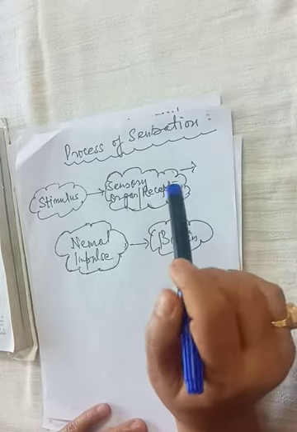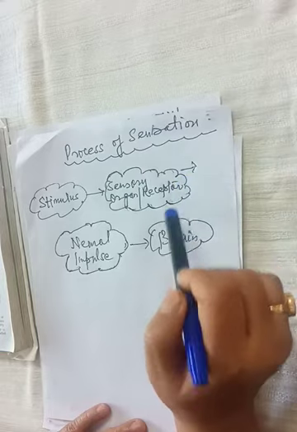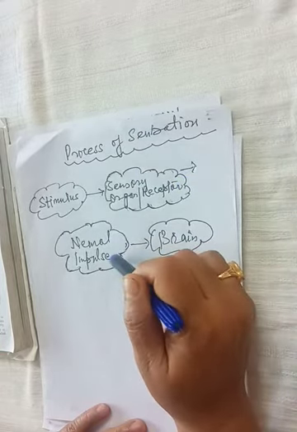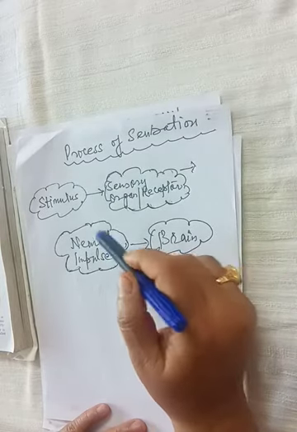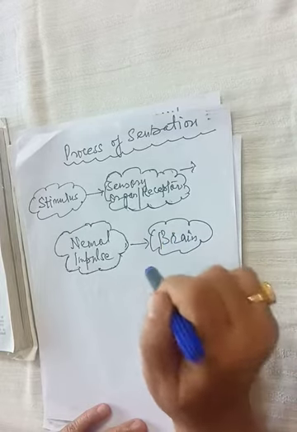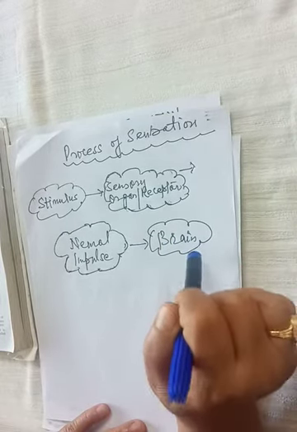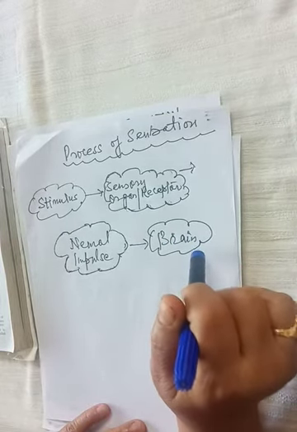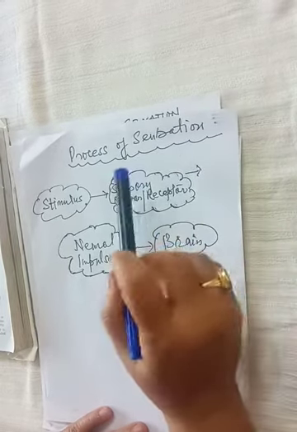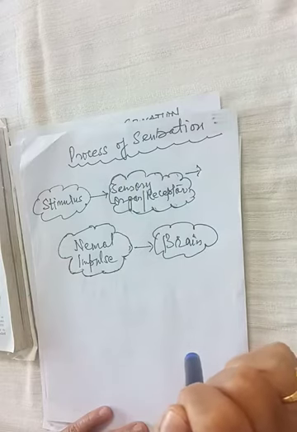Then in those sense organs, they have the capacity to generate a neural impulse through the process of transduction, and this neural impulse is transmitted to the brain through sensory nerves, and here the sensation is generated, and later on it is converted into perception. So this is how sensation takes place.